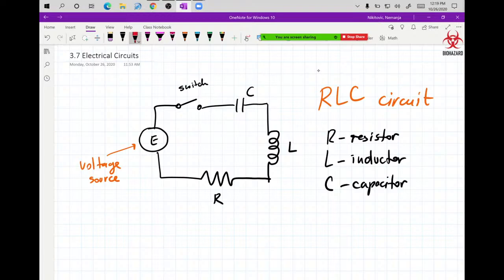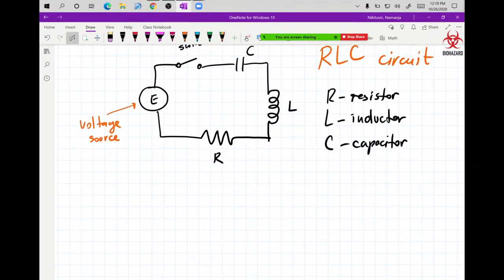Now let's talk about these voltage drops.